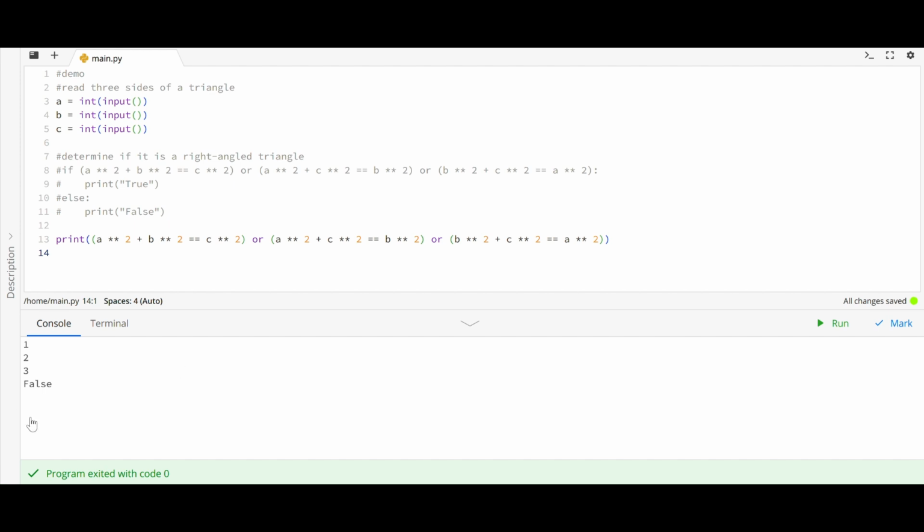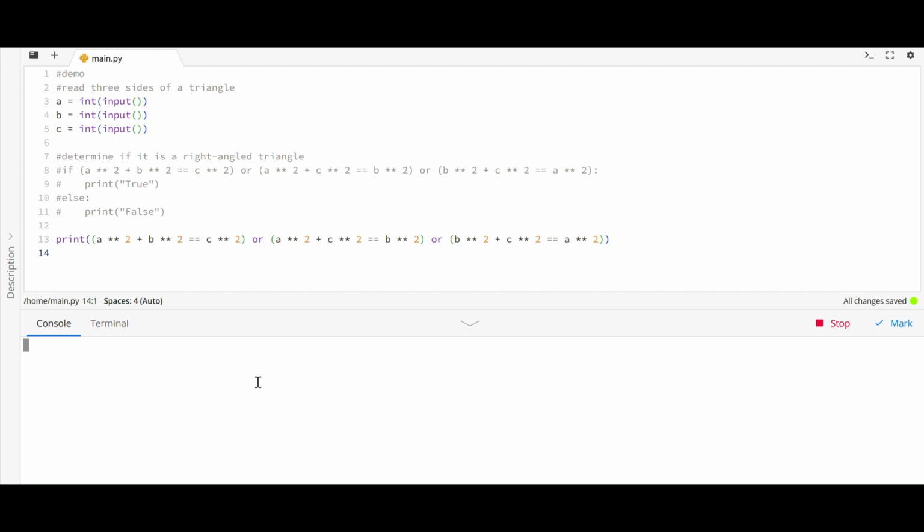And we can do more cases to verify, like yeah, and that's a right angle triangle. And yep, you can verify it several times to see if it is true.